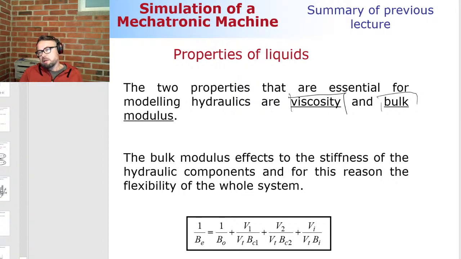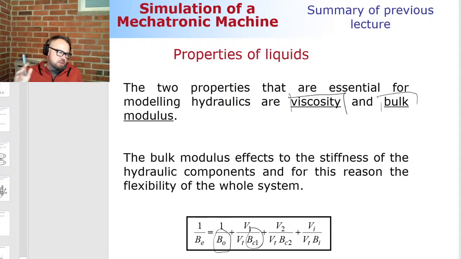And modeling-wise, we're going to use something called the effective bulk modulus. The effective bulk modulus effectively takes all the flexible components into account. And these flexible components are, like mentioned earlier, the flexibility of the fluid itself and the flexibility of containers.